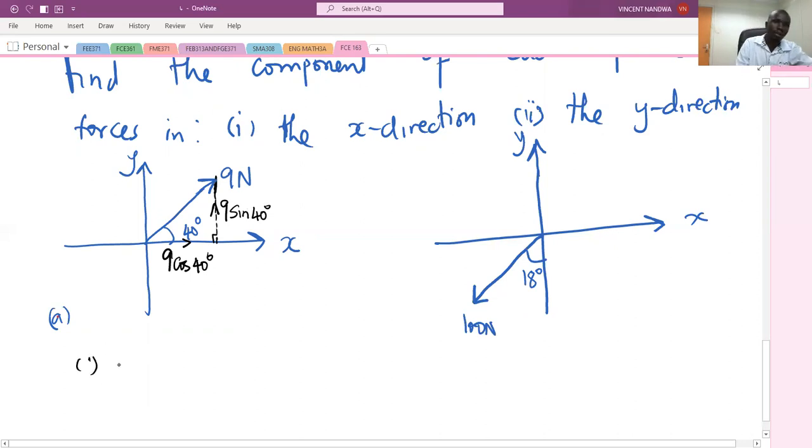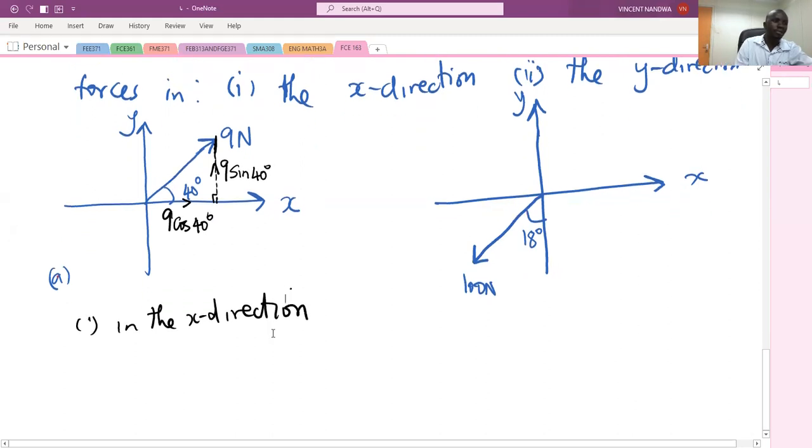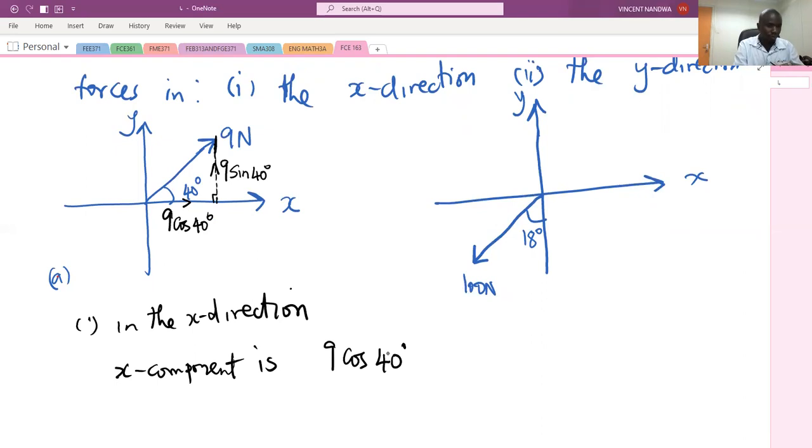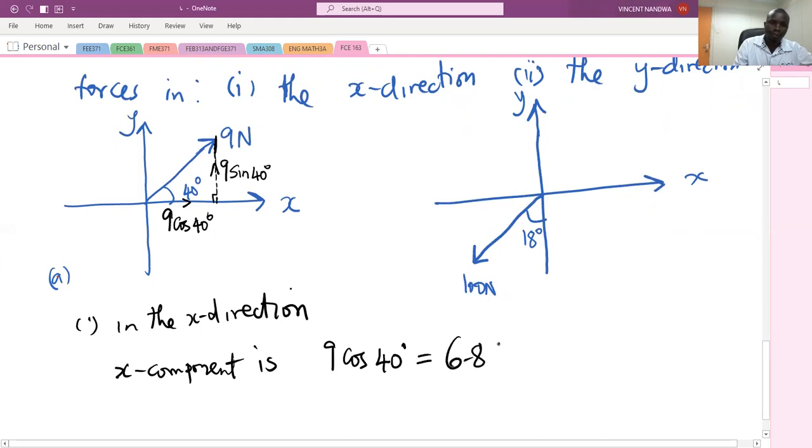So Roman 1, in the x direction, the x component is 9 cosine of 40 degrees, and that will give us 6.894399 newtons.